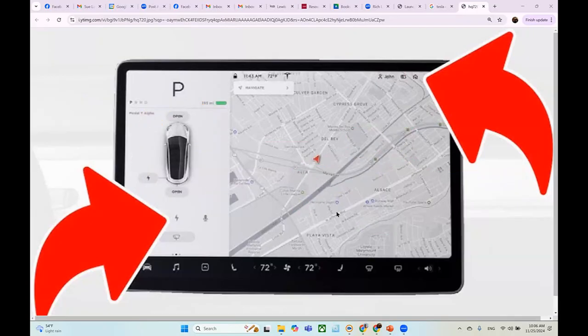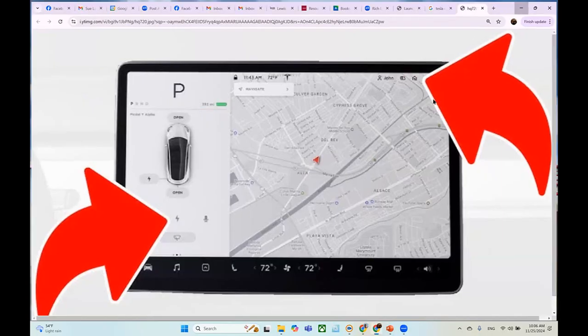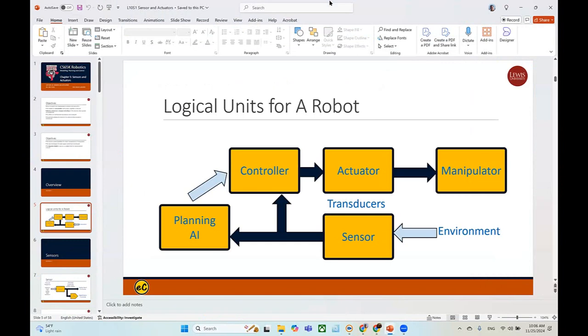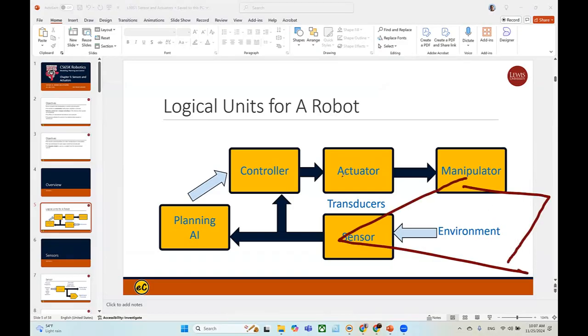So architecture-wise, what we are talking about right here is that you do sensing, and you sense your environment. So your environment is kind of here. Your sensor captures it using the camera, and then you build up your mathematical model to mimic your environment.